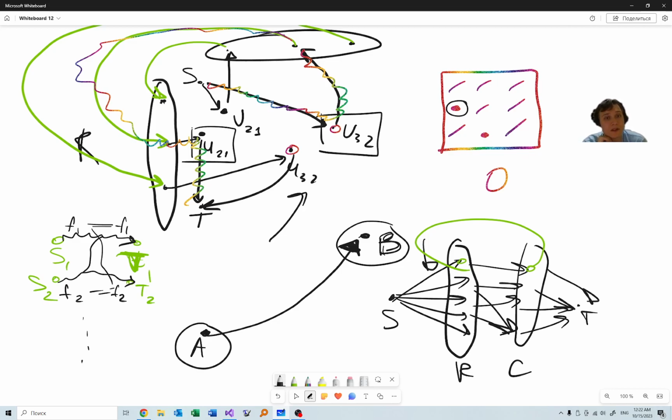So the problem is we have some sort of, so we have a circulation. We need to maximize the sum of flow through several edges of the circulation.